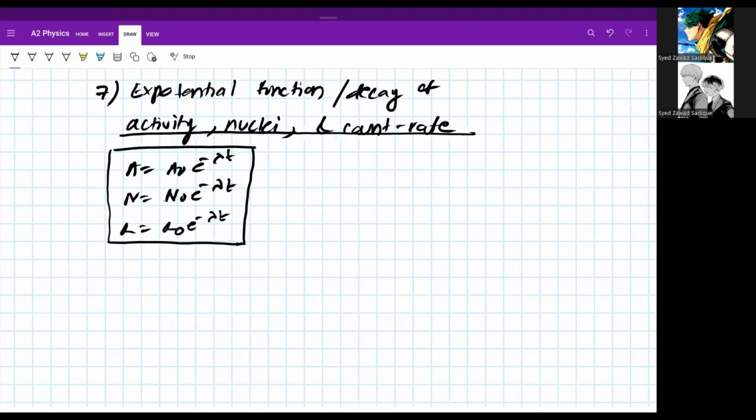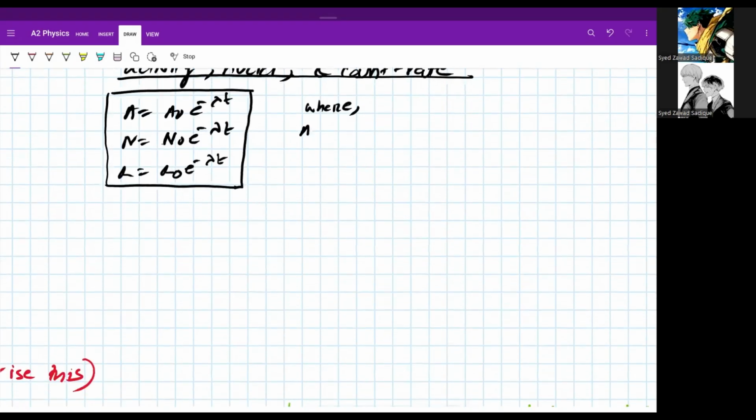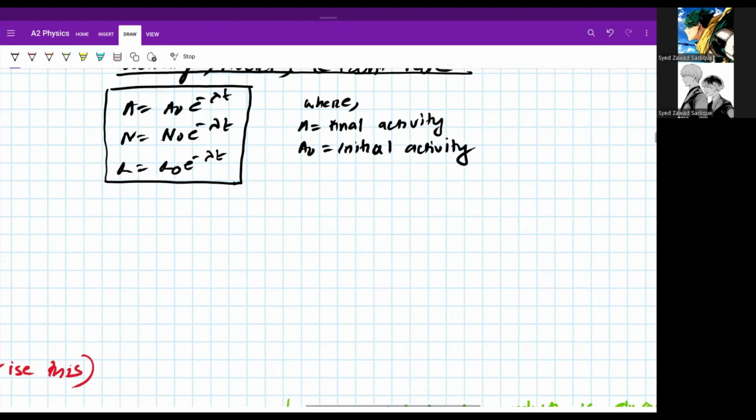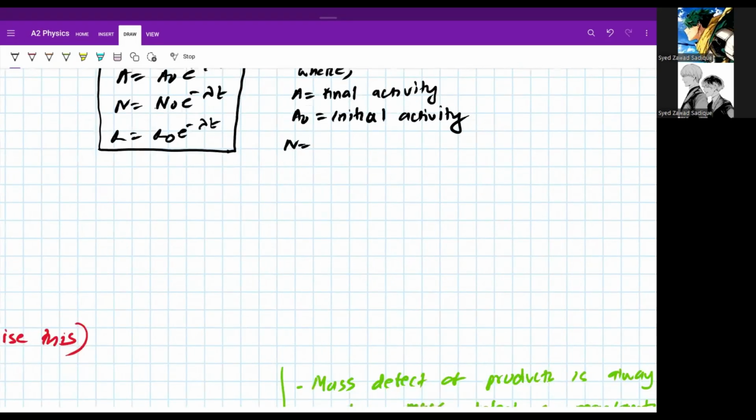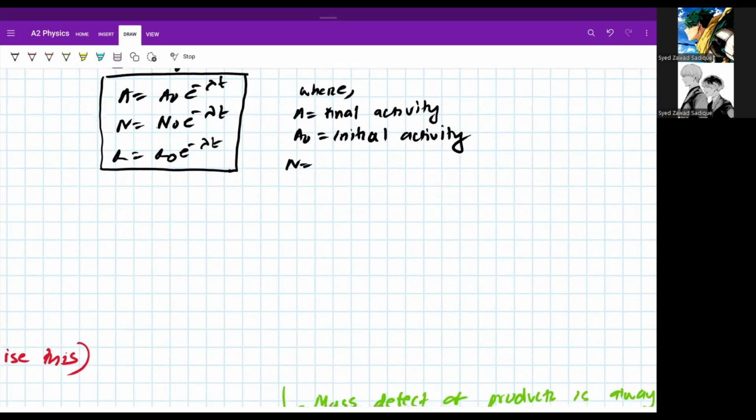Okay, where A is final activity, A naught initial activity. Actually, I can write this in a better way.